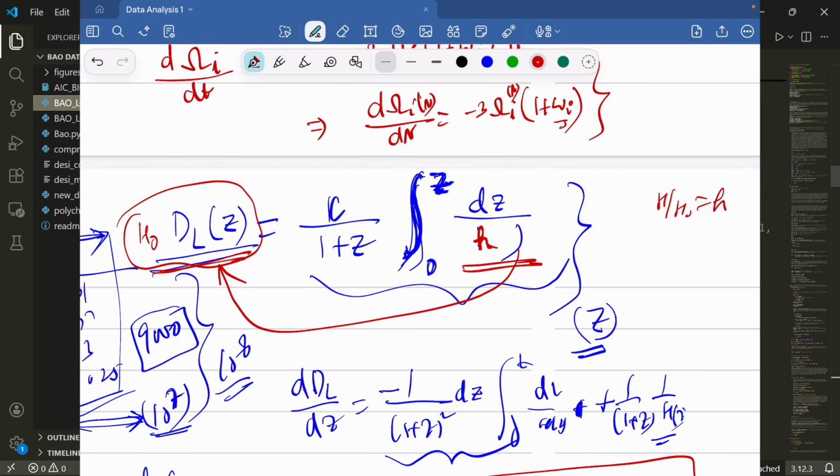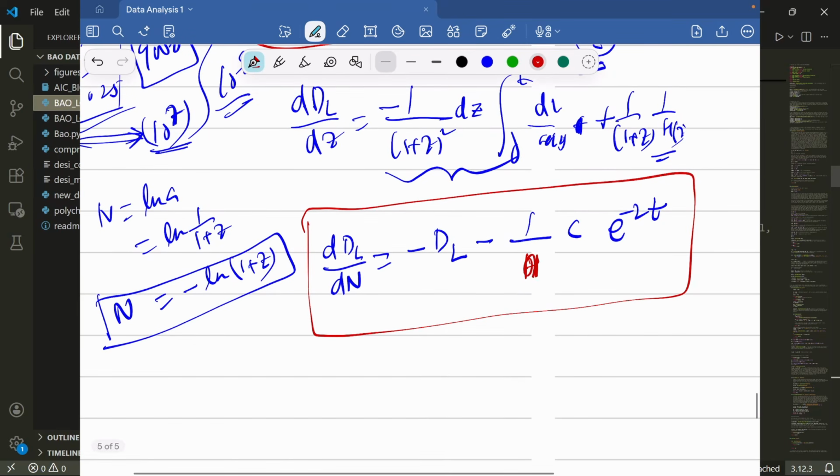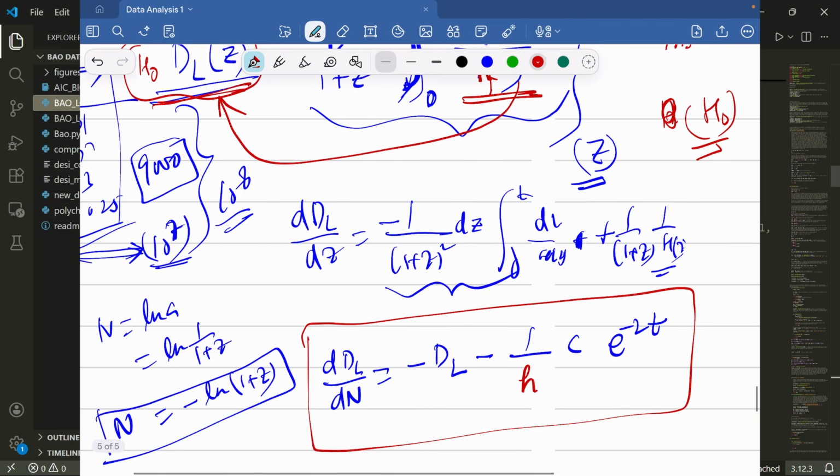So instead of dl, you can estimate h naught into dl. Your h naught is completely conformed here. So you will have 1 by small h over here, and when you write small h there is no need to define what your h naught is. If you use capital H, then when estimating your dl you have to define h.